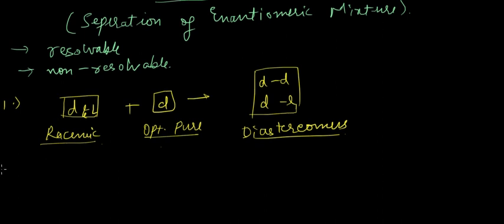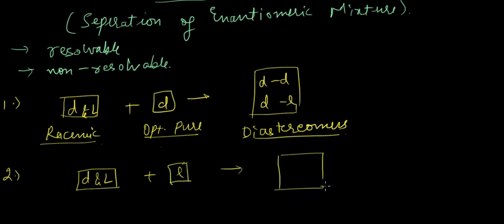Similarly if we have D and L as racemic, we supply it with L, then it will also form diastereomers of LD and LL. So if a compound is racemic, then obviously it can be separated by providing it with an optically pure substance, which will convert it into diastereomers.